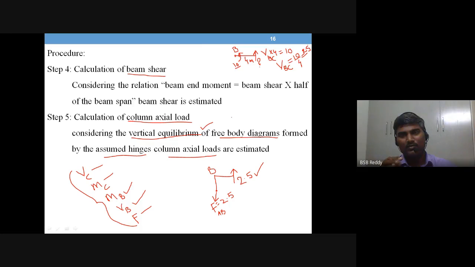We have even seen in the earlier lecture how an indeterminate structure becomes determinate by applying these two assumptions. So just have a clear idea about what to calculate first, what to calculate next, and how to calculate it. Anyhow, we will see many examples in further sessions. Okay, thank you so much.